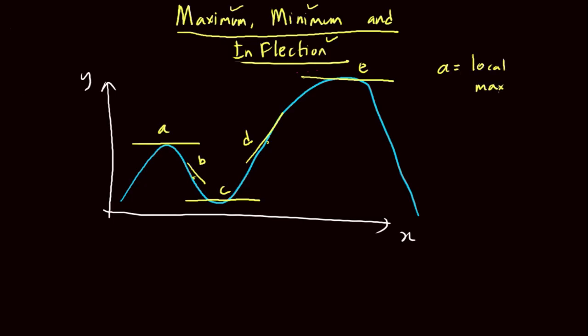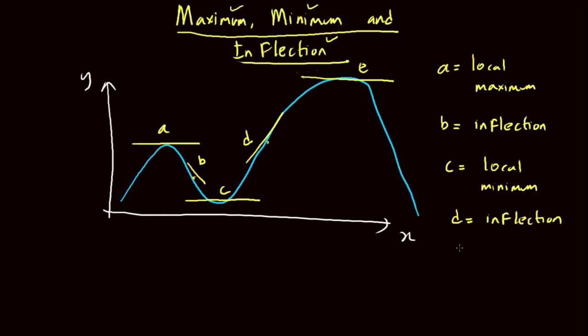B is clearly an inflection point itself. C is clearly a local minimum. D is an inflection point, and E is what we call an absolute maximum.